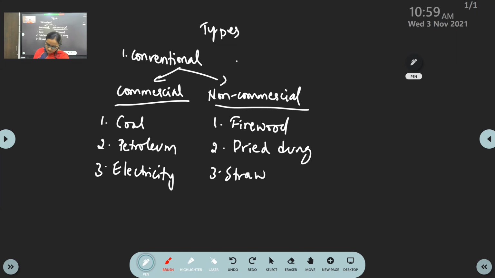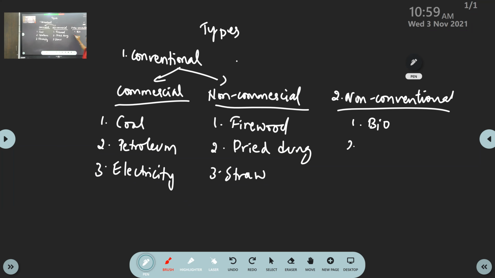Next, non-conventional sources. Which are non-conventional sources? Bio, solar, wind energy, bioenergy.